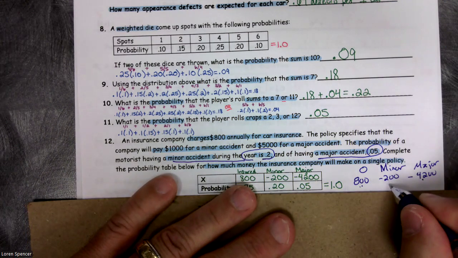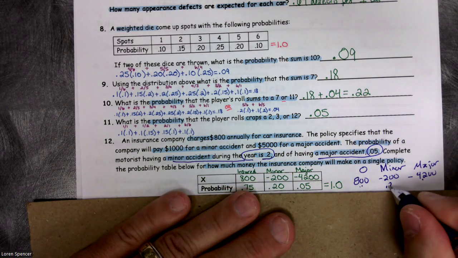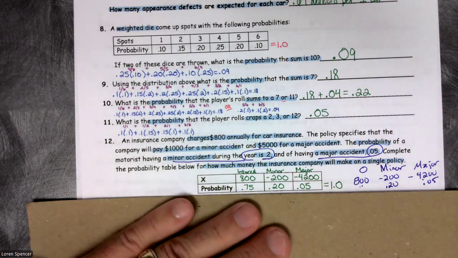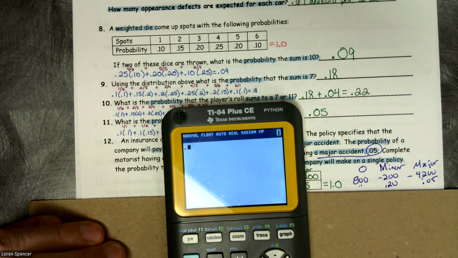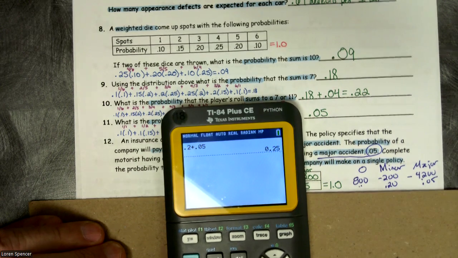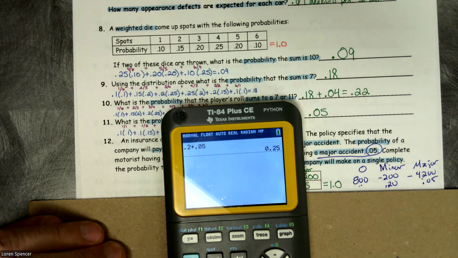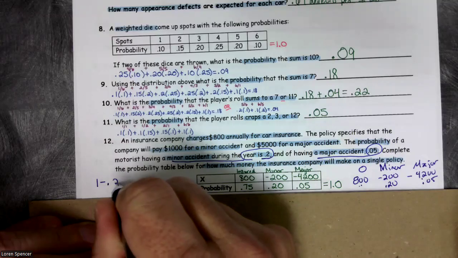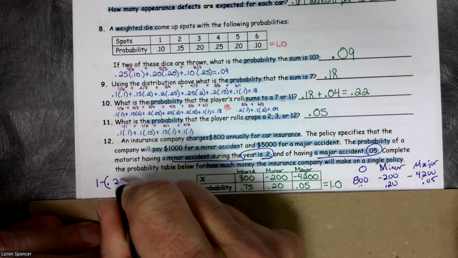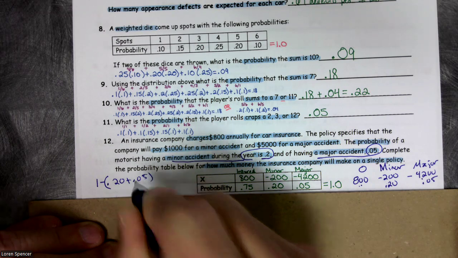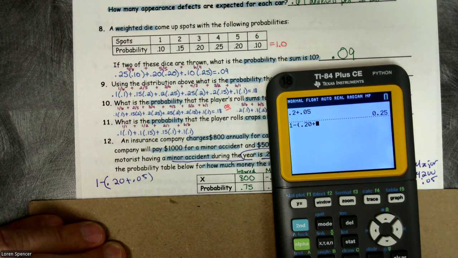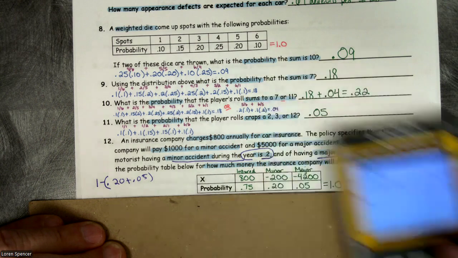They told us the probability of a minor accident was 20%, and the major was 5%. When I add those up, 0.2 plus 0.05, that does not add up to one whole. So it's 1 minus parentheses, 0.20 plus 0.05, and I get 0.75.